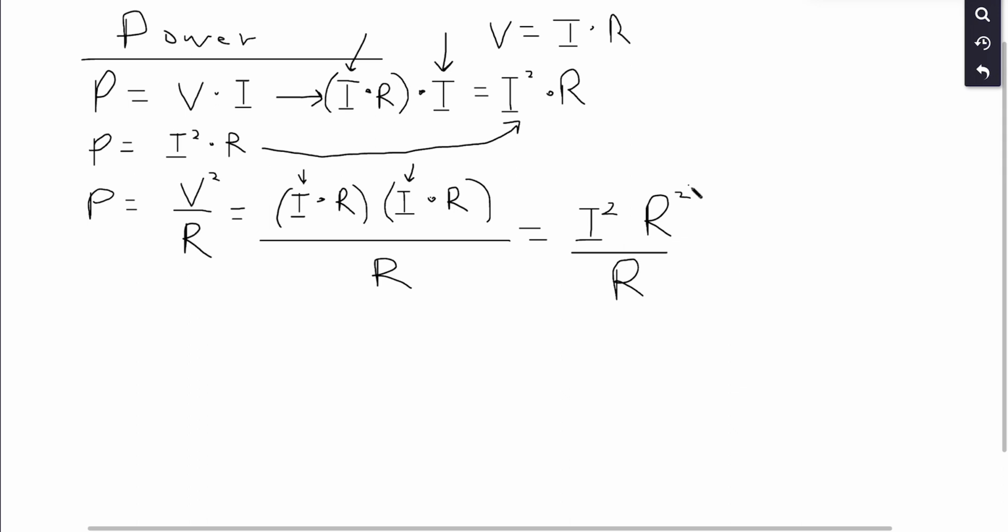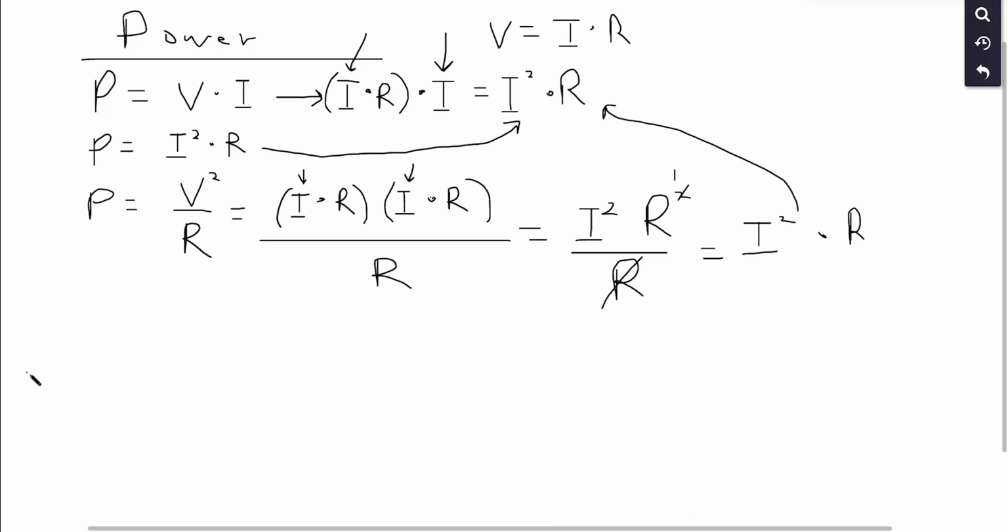So one of these R's can cancel with the R in the denominator, and we will only be left with one R in the numerator. So the equation simplifies to I squared times R, exactly like the two equivalents we've shown, right? So now we see that all the power equations simplify to the same thing. Even though they may look at face value to be different, they reduce to the same equivalent.